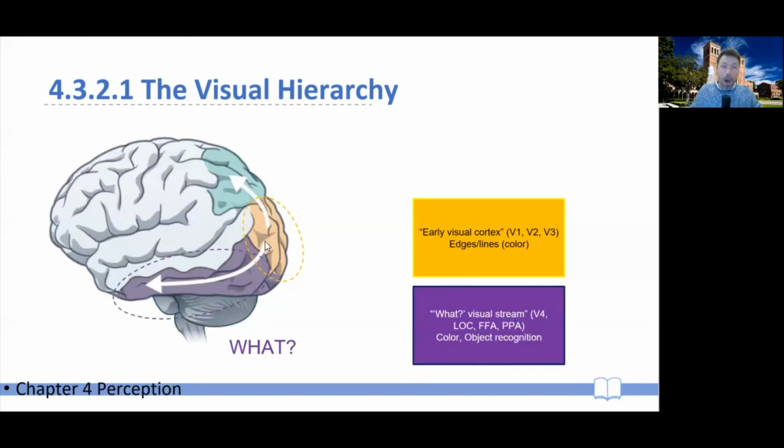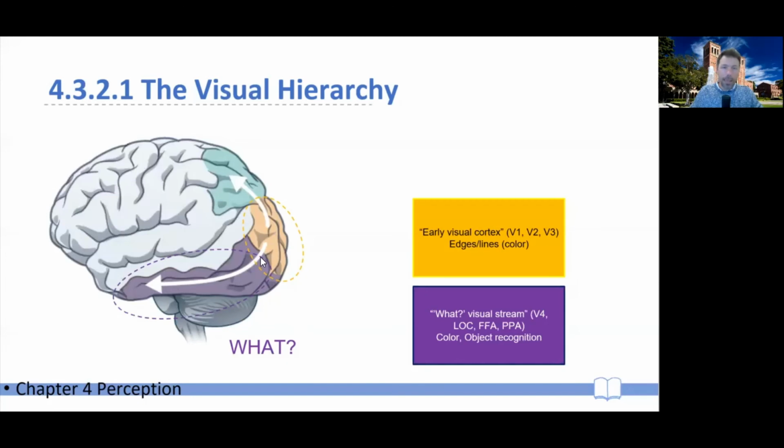We often refer to this stream of processing inside the brain as the what stream, in the sense that this part of the brain is particularly important for determining the identity of what you're looking at. So in here, you're going to find areas that respond to color, that respond to objects, and to specific kinds of objects, such as faces or places.